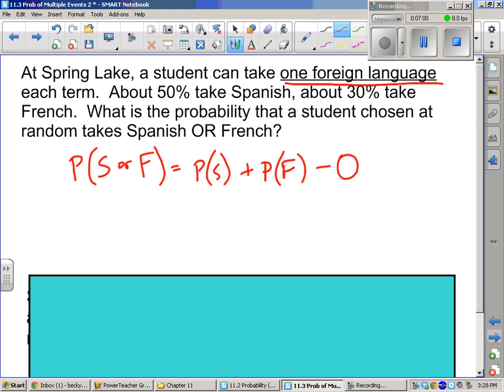We can only take one foreign language at a time. So that would be 50% plus 30%, so 80%. So that means if you pick a random student, there's an 80% chance that they are either in Spanish or French.